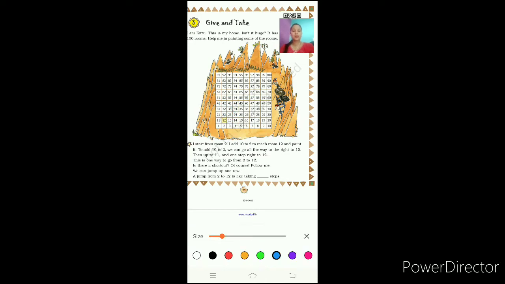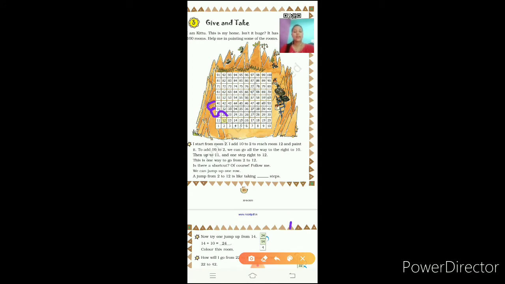Another method is, first go from room number 22 to room number 21, then go to room number 31, and then go to room number 41, because all rooms are attached to each other. Clear? So there are two ways to go to room number 41.